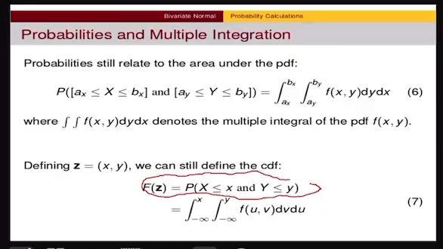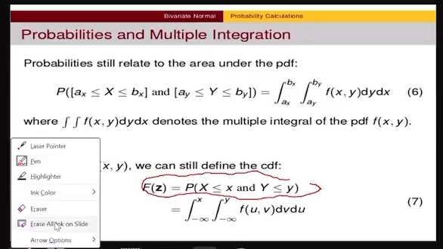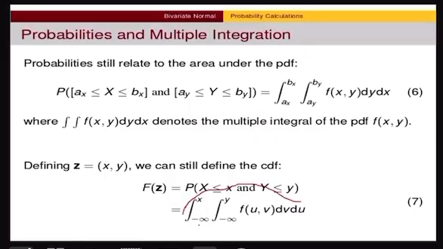That's why you see that I want to figure out the probability of X less than or equal to x and Y less than or equal to y. And if I want to do that, I want to perform an antiderivative. I'm going to come from the lowest value of X to a particular point x, and from the lowest value of Y to a particular point y. When I'm doing that, I'm figuring out the CDF.